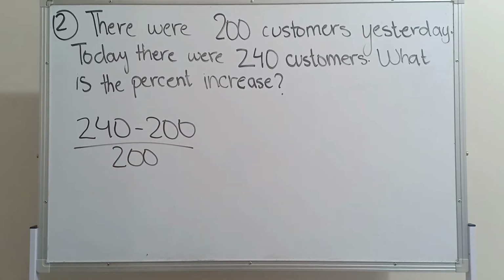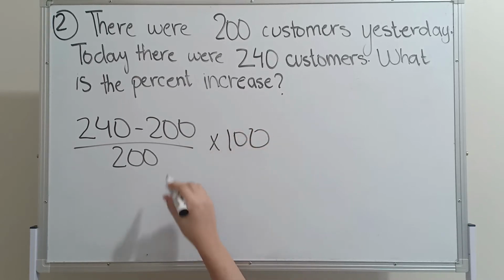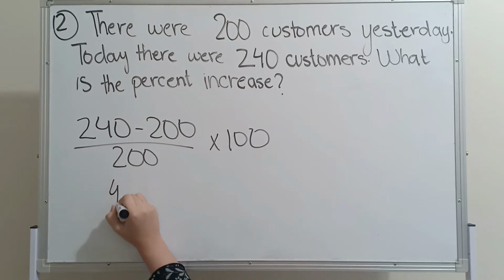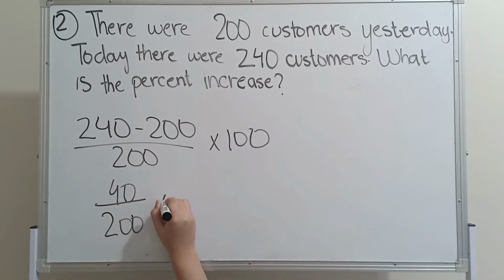And then we multiply this by 100. So now we subtract 200 from 240, and we will get 40 over 200 as an answer.